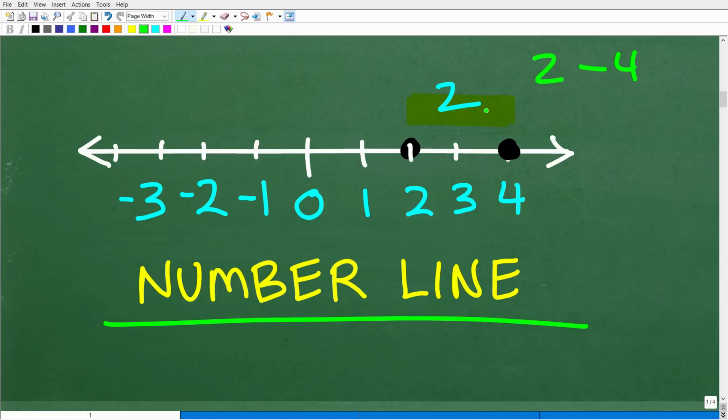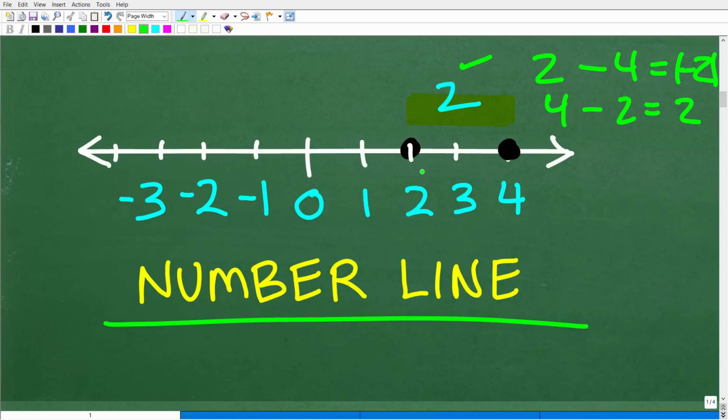This number from this number will get the distance. Well, 2 minus 4 is negative 2, but the answer is positive 2. So when we're calculating the distance between two numbers on a number line, it's always going to be the absolute value of the difference of those numbers. So 2 minus 4 is negative 2, but when we take the absolute value of negative 2, we get a positive 2, or we can go 4 minus 2, which of course is a positive 2.